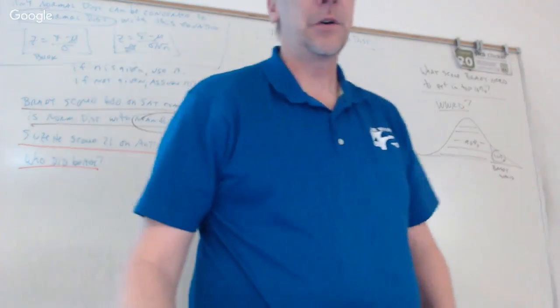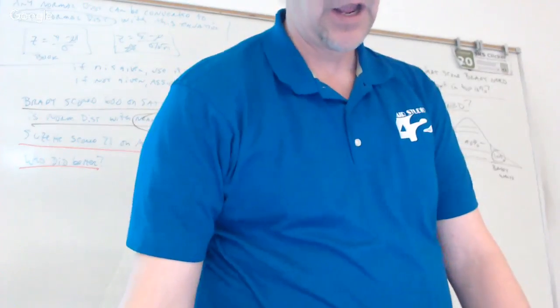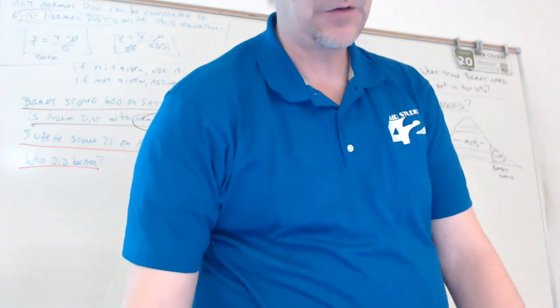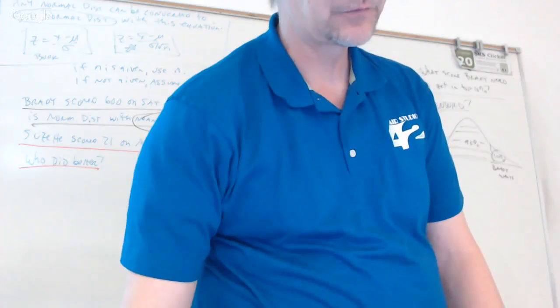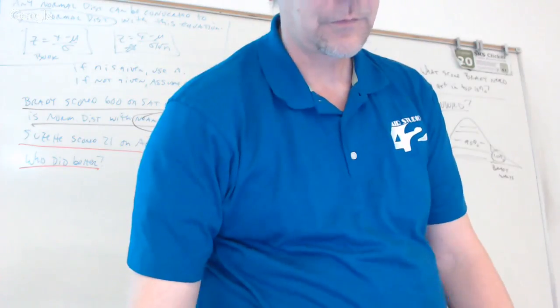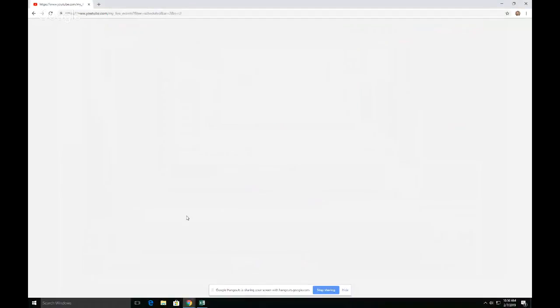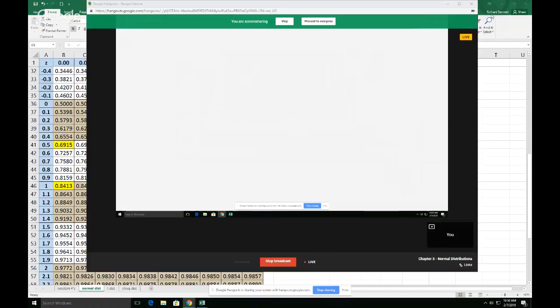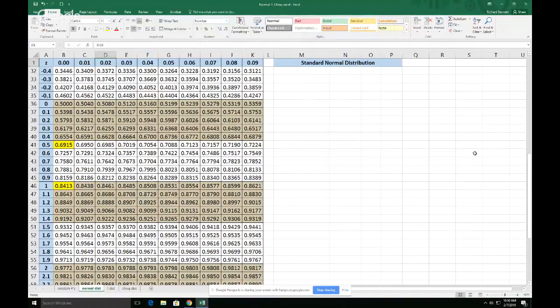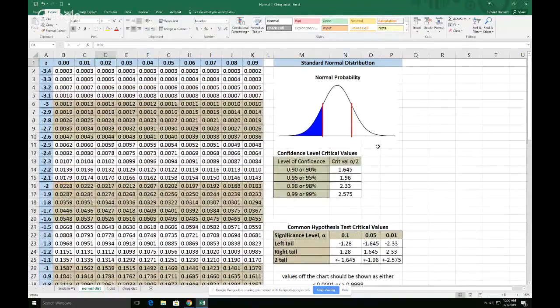Okay? So here's the deal. As we go back to this table here, let me share my screen. This table works the same way as your book. It's always shading to the left. So what percent of the data do I want to the left? I want 90%, not 10%.